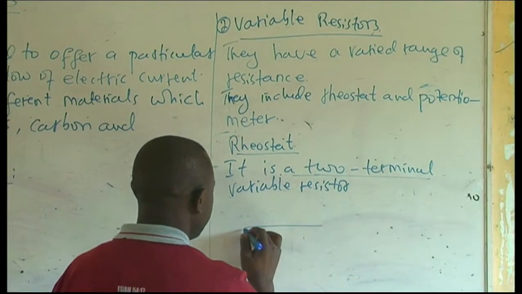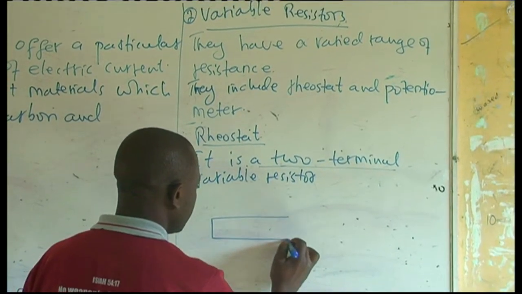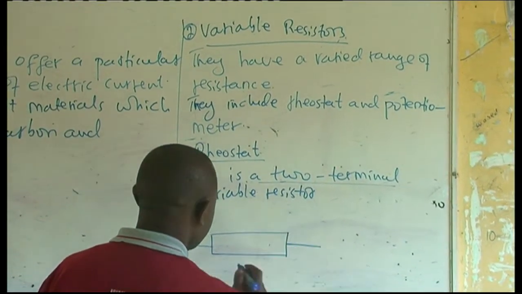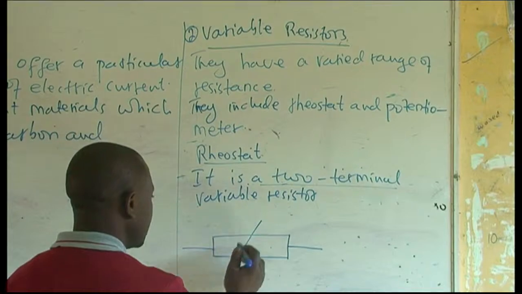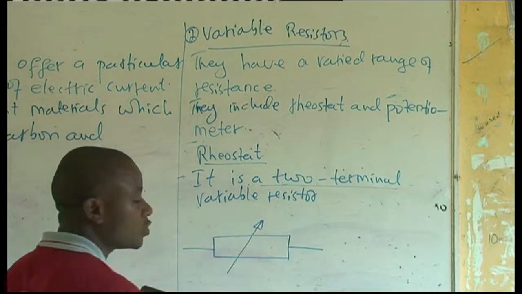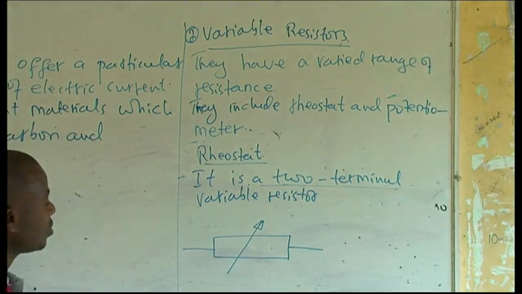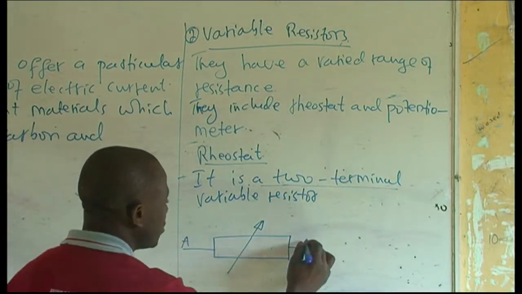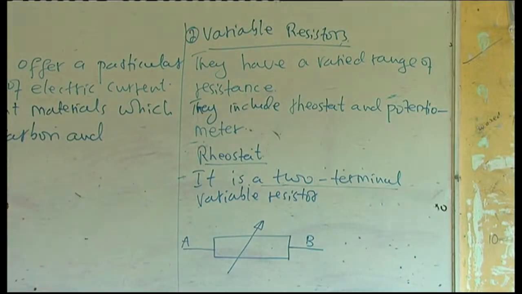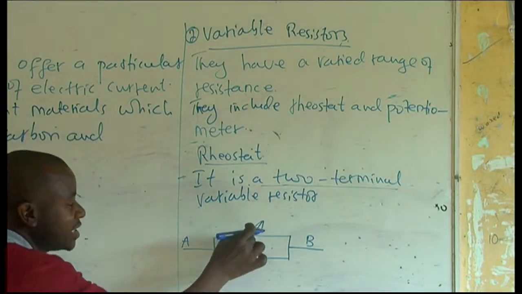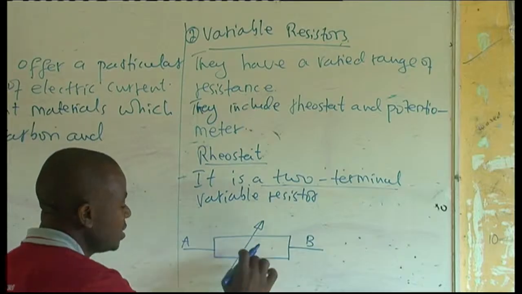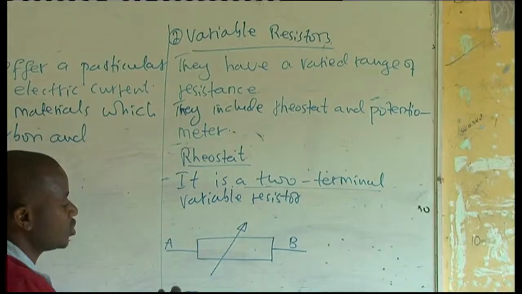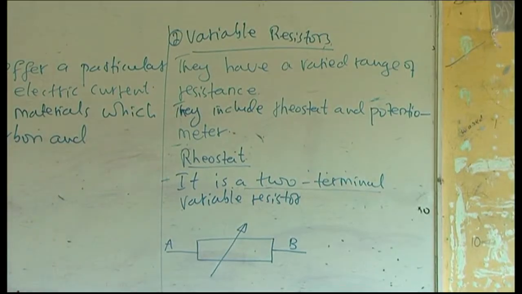So we have one terminal here, another one here, and we have this contact which is used to vary the resistance of this rheostat. We can have terminal A and terminal B here, so that your work is to slide this contact along the length of this rheostat, so that you vary the resistance.